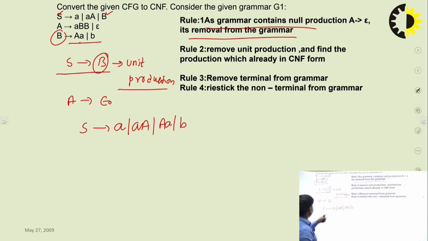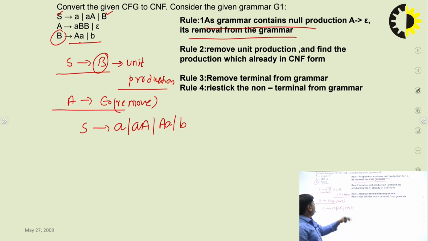Now the second work, remove the null production. Similarly, we put A tends to null in the whole context free grammar, and write down the different production rules that are derived.